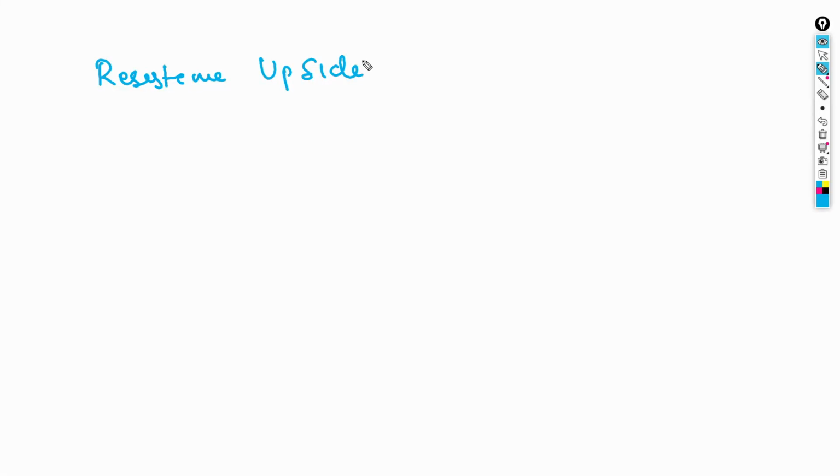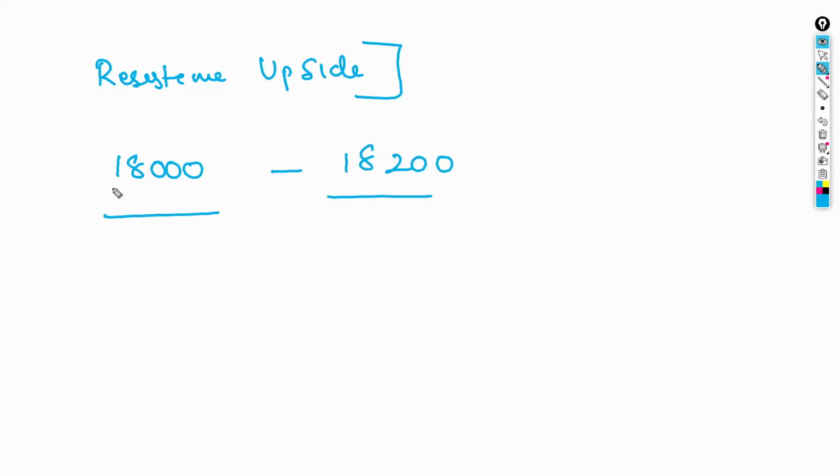But right now the difference is not so significant, which is the reason I am saying the market might face some resistance on the upside. Then we also understood that the market is likely to face support at 18,000 and resistance at 18,200. So this is the interpretation we got from the current OI data.